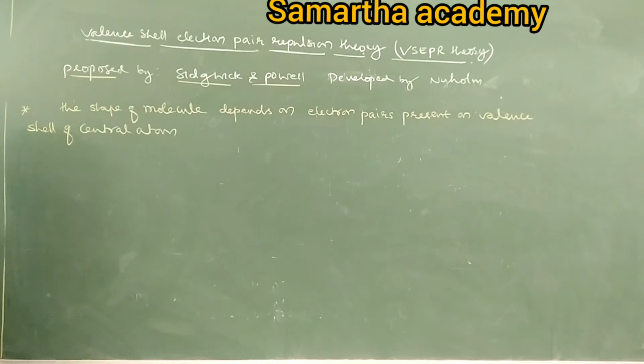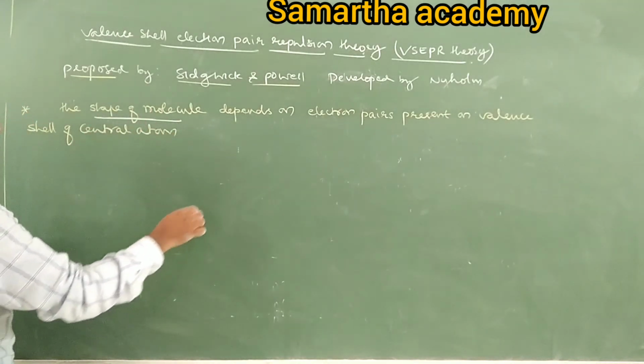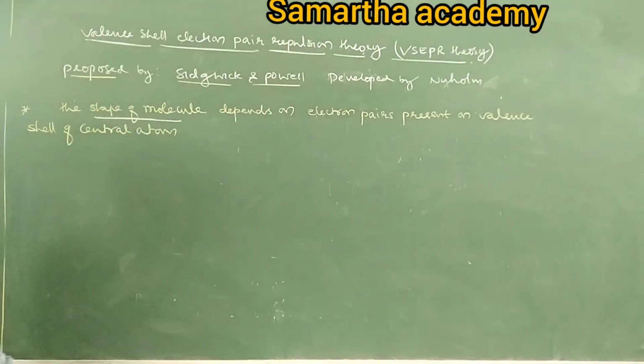So this VSEPR theory mainly focuses on what? The shape of the molecule. The shape of the molecule mainly depends on what? Electron pairs present only on the valence shell of the central atom. Okay, next postulate.